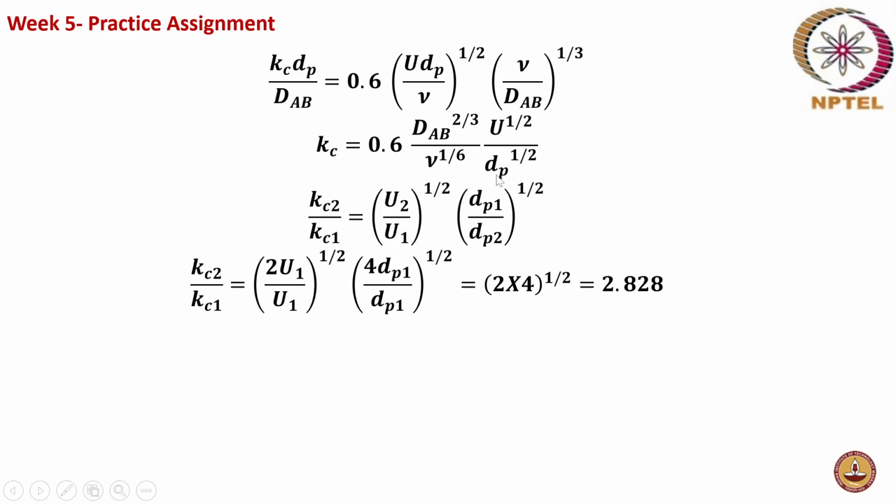That's why you will end up with 2 into 4, the whole power half, that is equal to 8 power half. So square root of 8 is 2.828. So you find out that Kc2 is equal to 2.828 of Kc1.